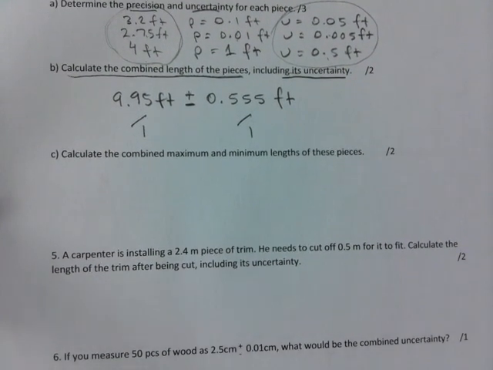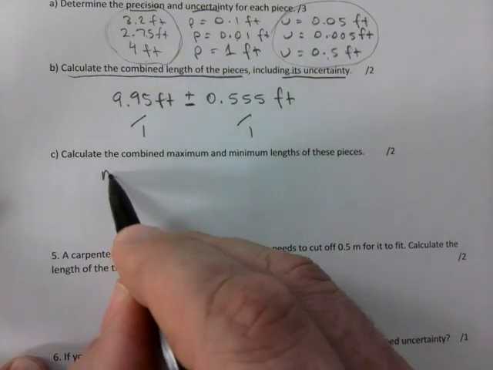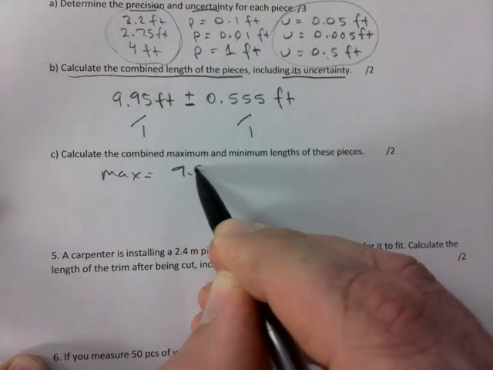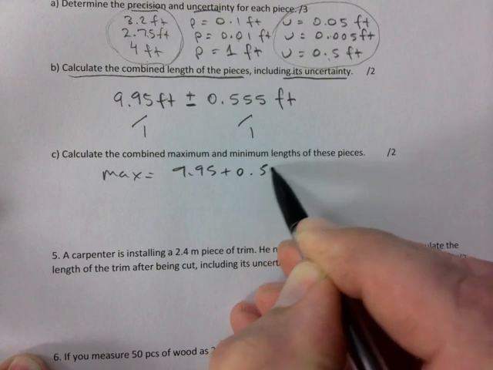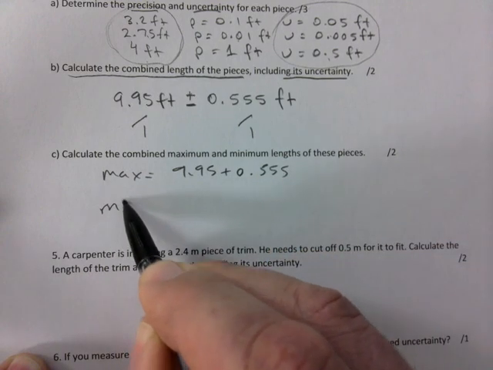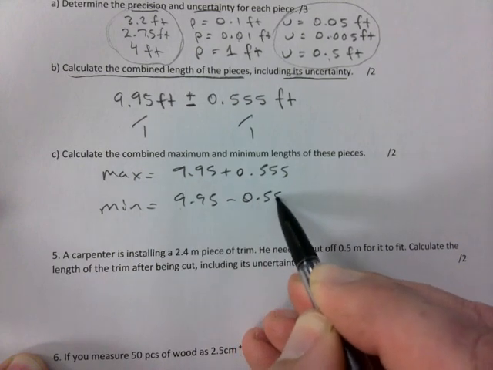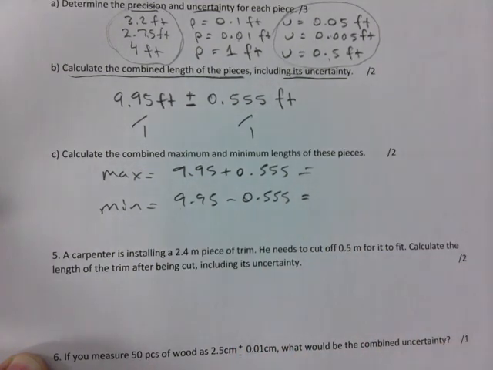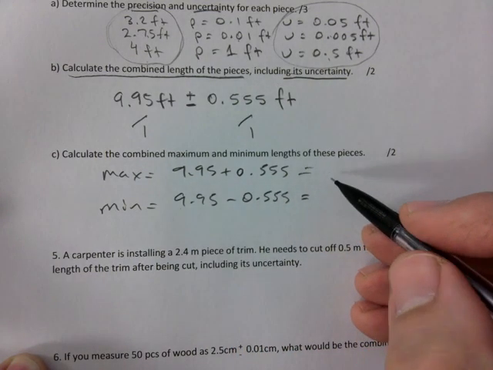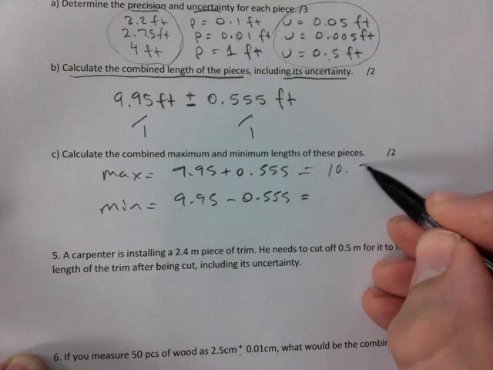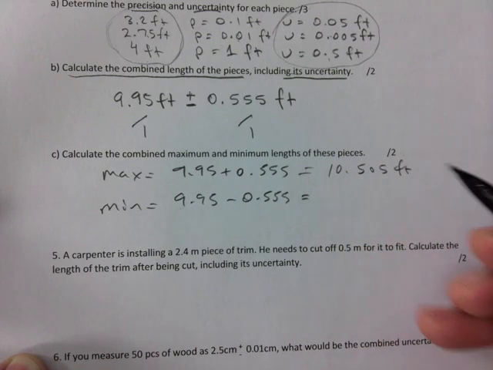Calculate the combined maximum and minimum lengths. So the max is simply 9.95 plus 0.555. The min is 9.95 minus 0.555. So you just add and subtract, and what you get is this, 10.505 feet.